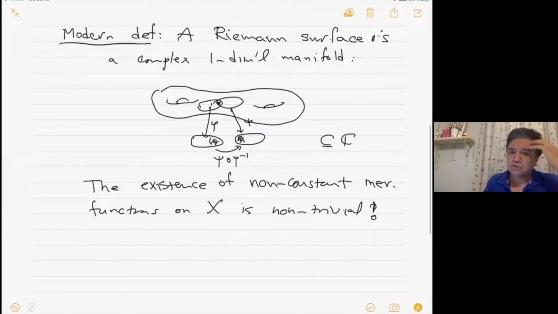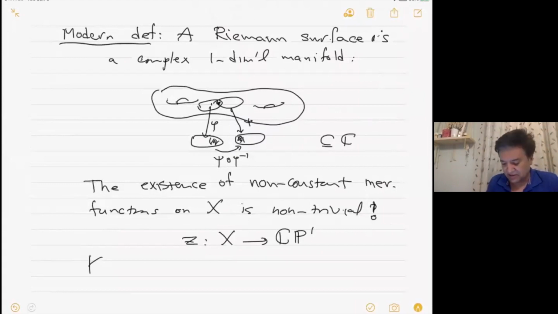And once you prove that there exists such a non-constant meromorphic function, let's call it z, then the space of all meromorphic functions, K, is going to be a finite extension of C(z).